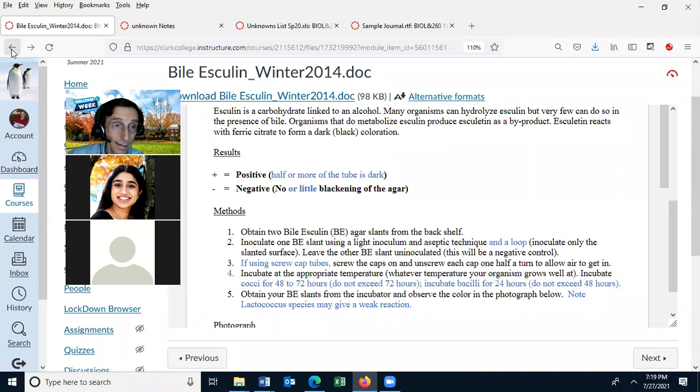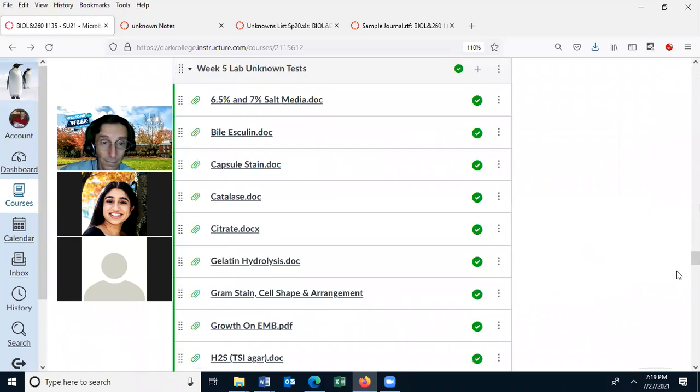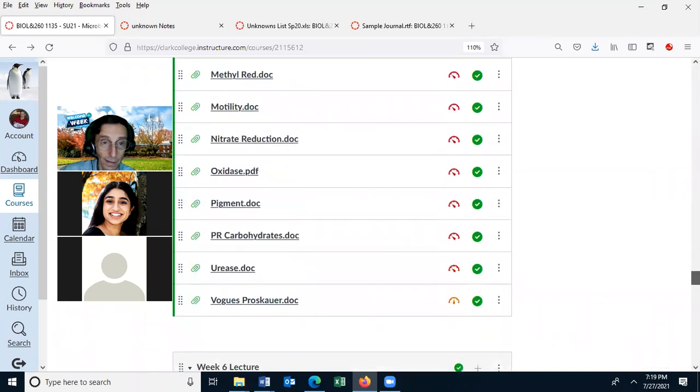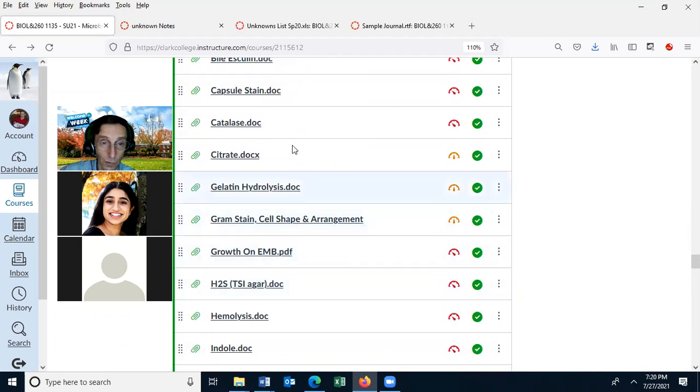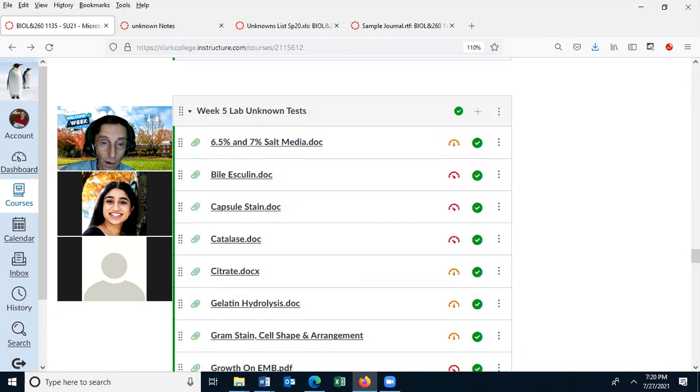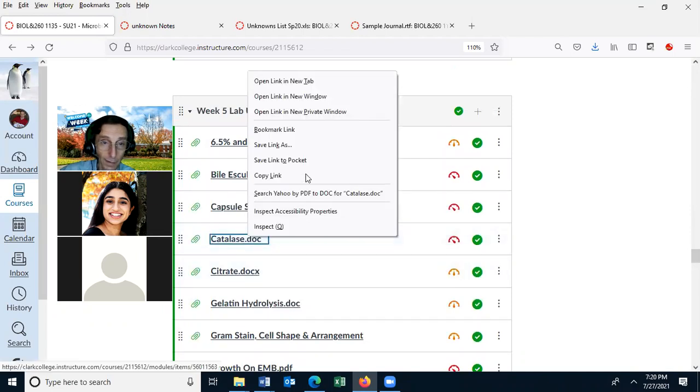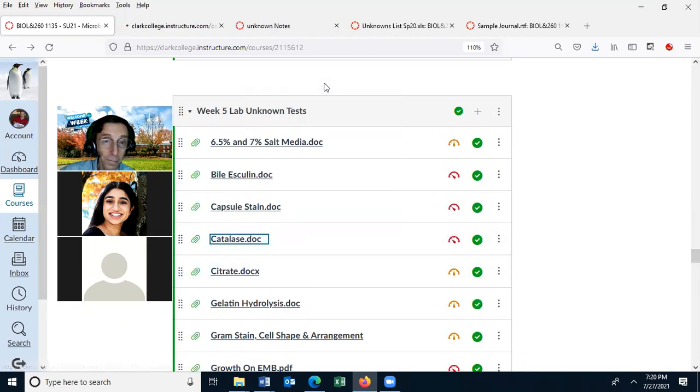The longest test takes a week to incubate, and that is gelatin hydrolysis. MR is another long one. The methyl-red MR test takes 5 days to incubate, and most of the other tests take 2 days to run. There are a few which are immediate, so that when you request the test, I may send you the results on that day.